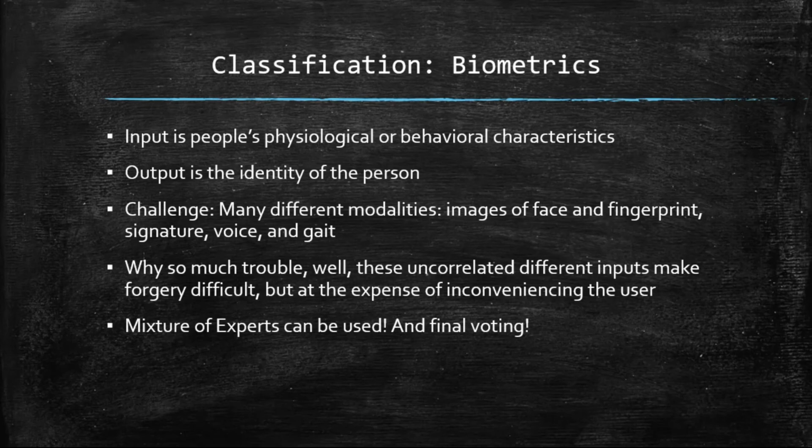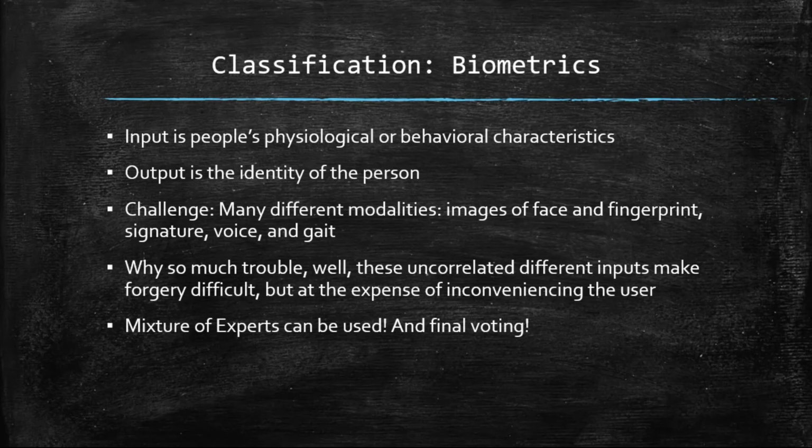Now, for those of you who have worked with machine learning before, one of the main ways of dealing with biometrics and using classification in biometrics is a mixture of experts. I don't want to digress, but the idea is that each expert would work on one of these types of data.